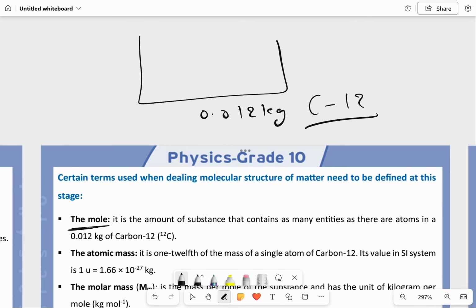It says containing as many entities as there are. Entities means atoms, or let's say particles, okay, it's better.